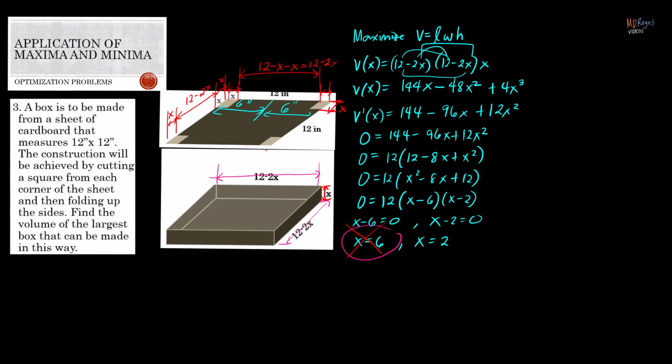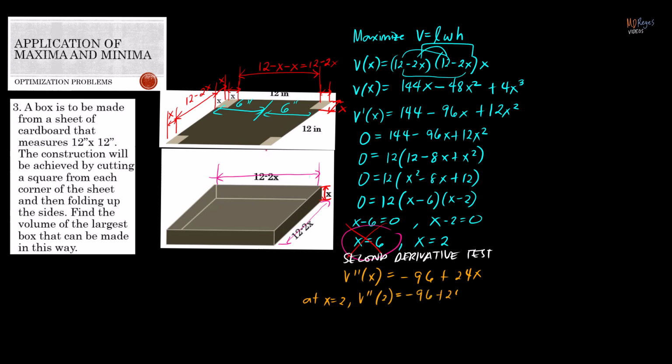By the second derivative test, we'll get the second derivative of the function, v double prime of x. Let me just write that this is the second derivative test. This is v prime. V double prime is negative 96 plus 24x. So at x equals 2, what is the value of v double prime?